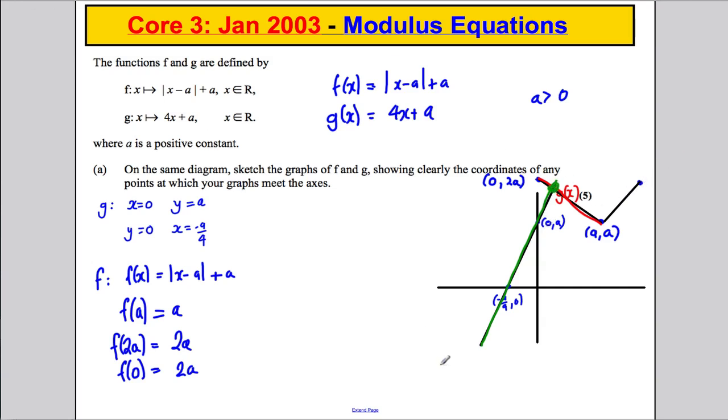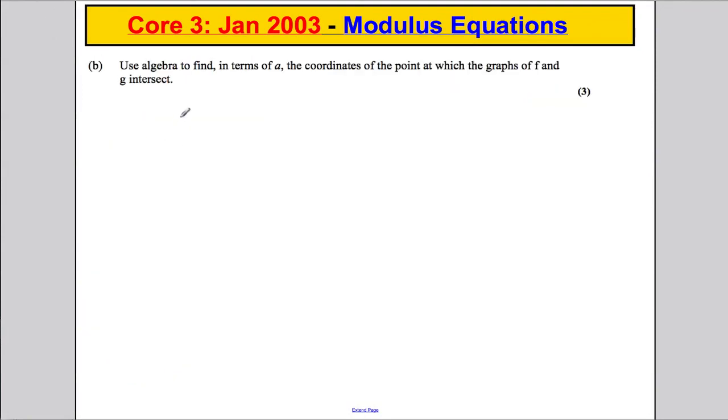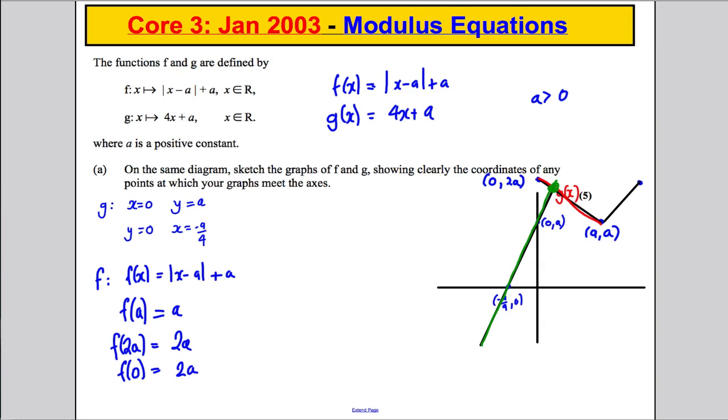So what we're trying to solve is this line equal to the red line, i.e. we are trying to solve the green line, which is 4x plus a, equal to the red line, and the red line is the negative of this plus a. So the red line, f of x, would be the negative of x subtract a, plus a, which would simply be 2a subtract x.